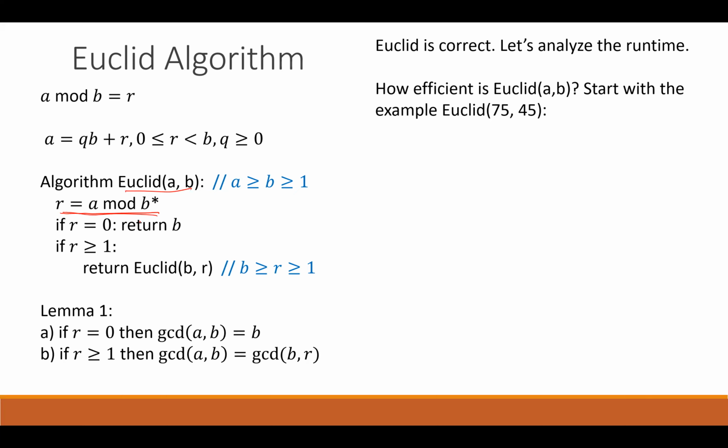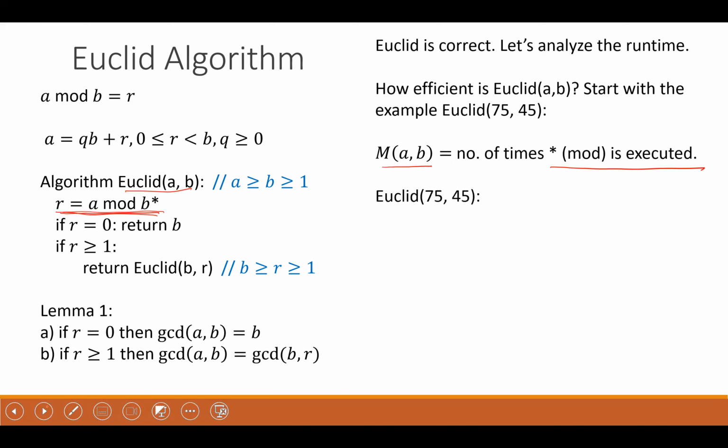We'll run through an example and count that, and then we'll prove it more generally. So for our Euclid of 75 and 45, we're going to define a function M of A, B as the number of times this mod line is executed. A and B are our input.